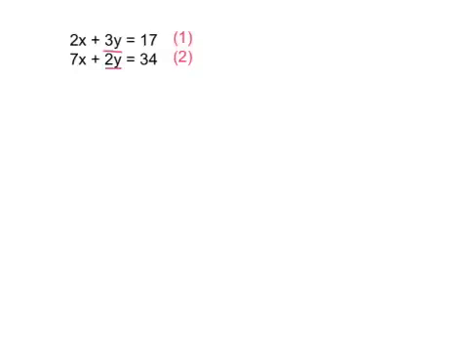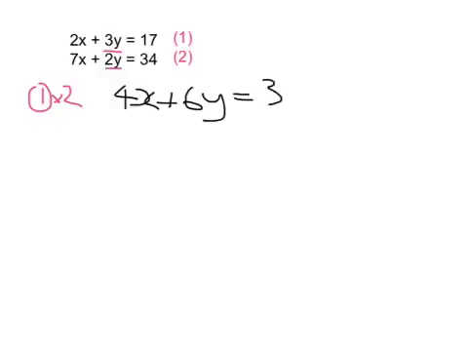And what I'm going to do is take equation 1 and multiply that by 2, leaving me with 4x plus 6y equals 34. And on the next line, I'm going to take equation number 2 and multiply that by 3.